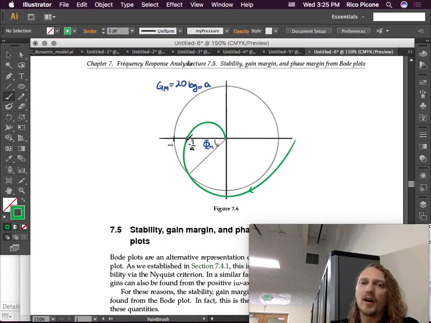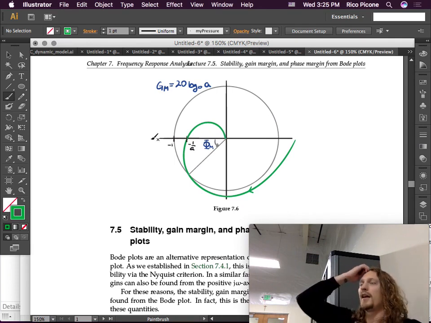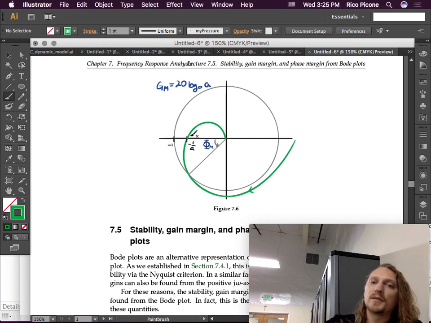And if a is small, we'll be intercepting it out here. So a determines where this is, and large a means we're down here, and small a means we're out here. And we said that a lot of systems are stable for low gains and unstable for high gains.